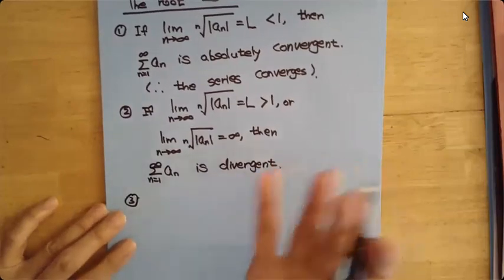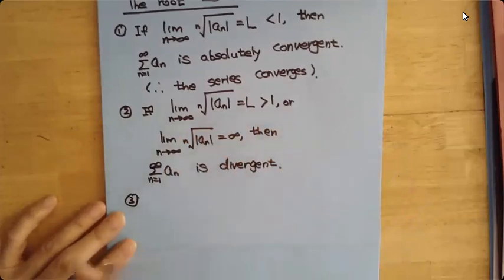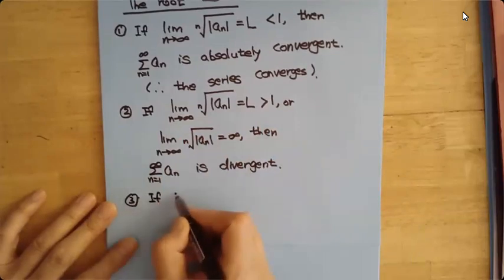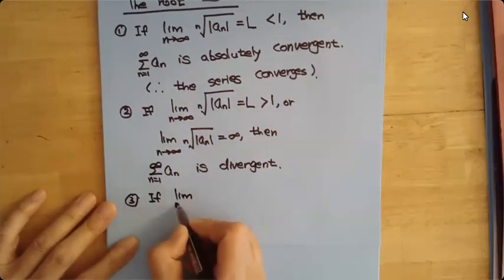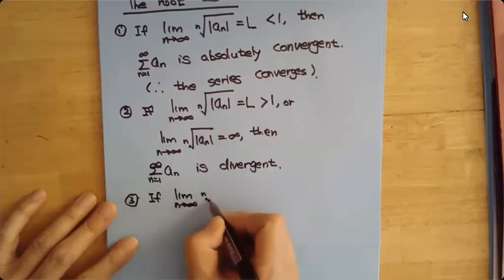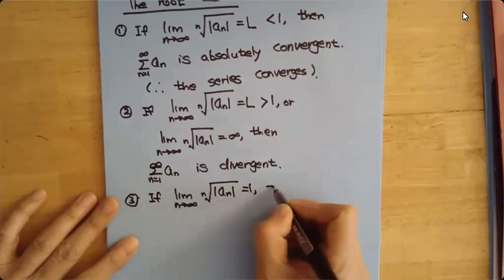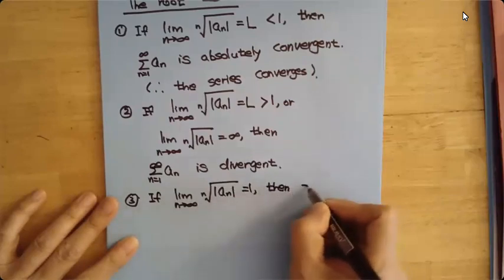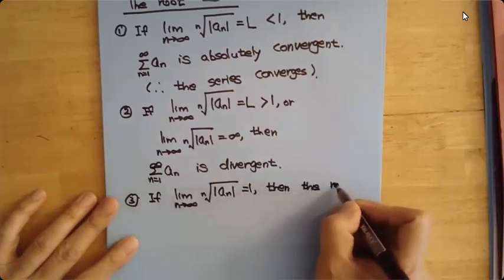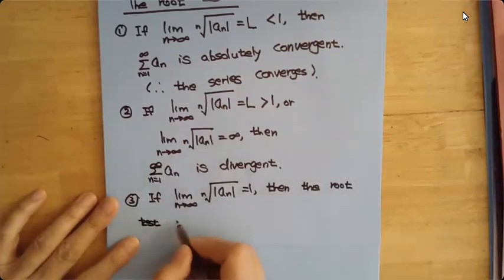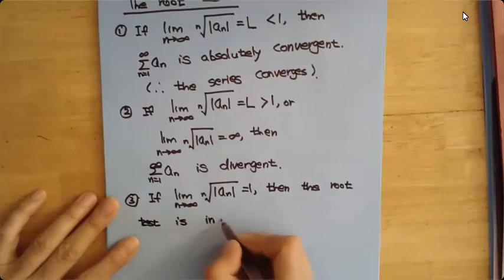That is obvious because that means the sequence will grow, so we can apply the test for divergence. The next one is if limit n goes to infinity, nth root of the absolute value of a_n equals 1, then the root test is inconclusive.